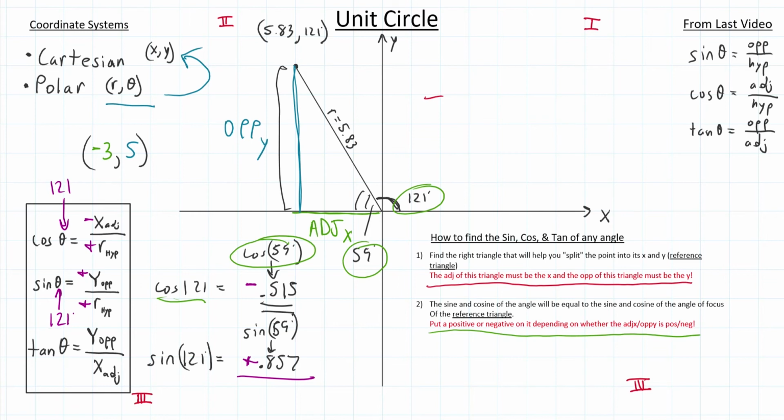These two steps allow you to find the sine, cosine, and tangent of any angle that you want. And the reason why we need sine, cosine, and tangent for any angle is so that we can convert a point from its r theta form to its xy form using these equations right here. This is, in my opinion, the most important lesson of the unit circle.